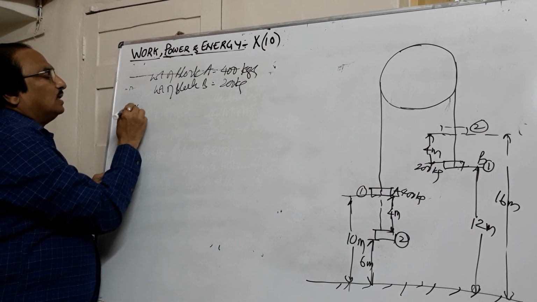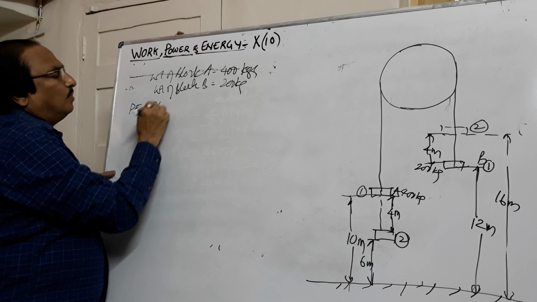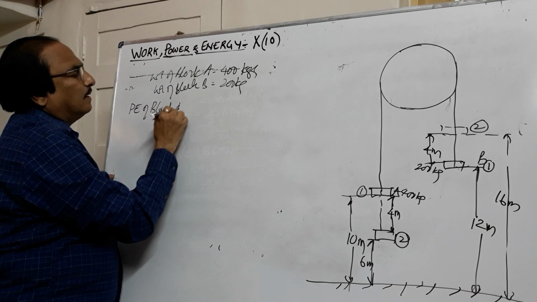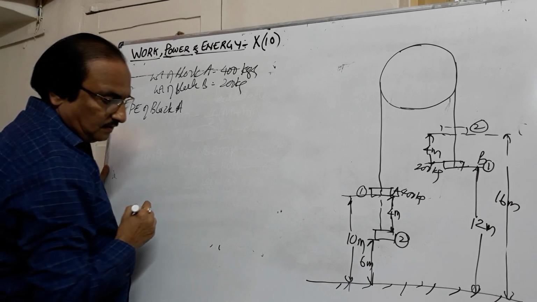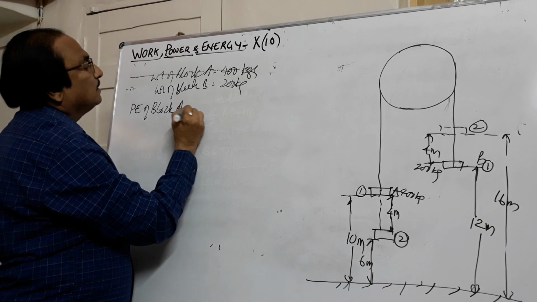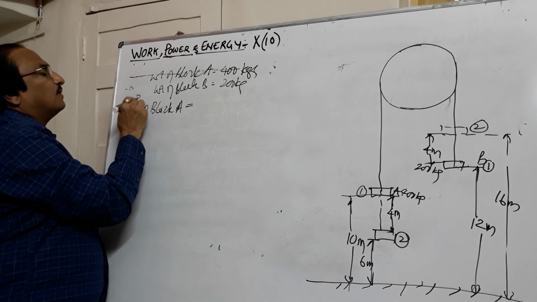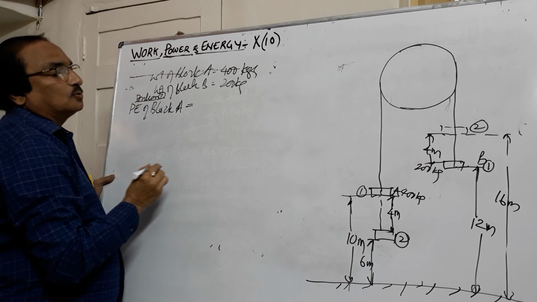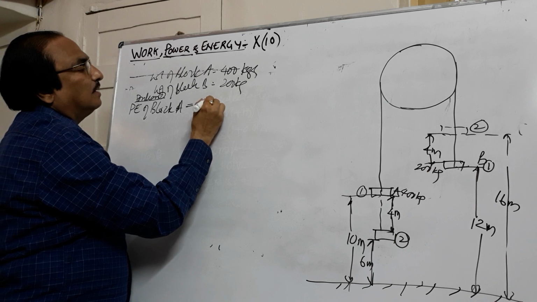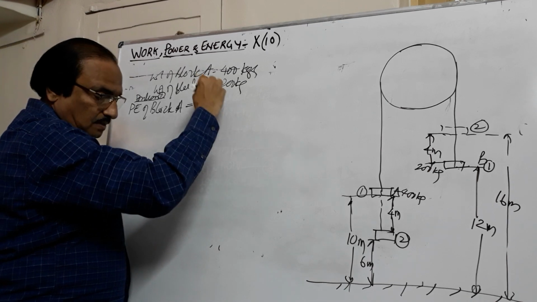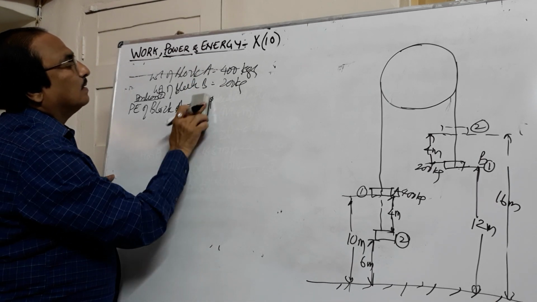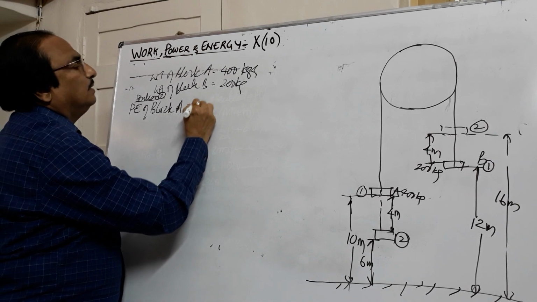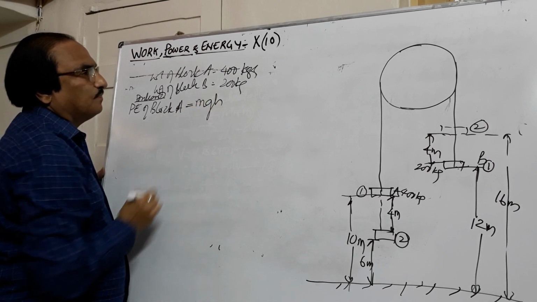We will find out the potential energy of block A at position 1. We know it is given by mgh.